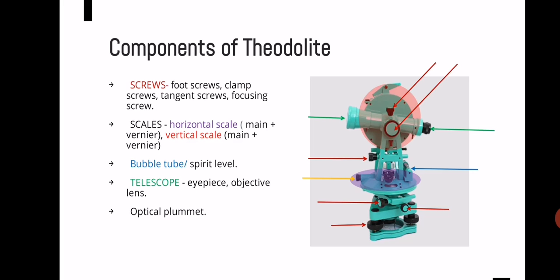The eyepiece itself consists of a screw which is used to make the crosshair visible so as to target our readings on the staff. As we have mentioned earlier, the objective lens is adjusted with the help of focusing screw.